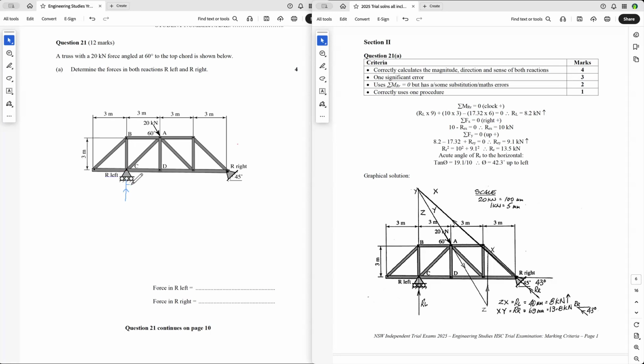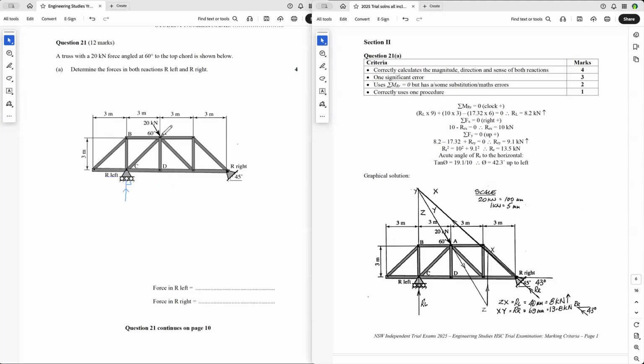Make sure you tell the examiner that it's at 90 degrees and you've got 1 mark there because the last point in the marking scale will say something like, demonstrate some knowledge of the question.